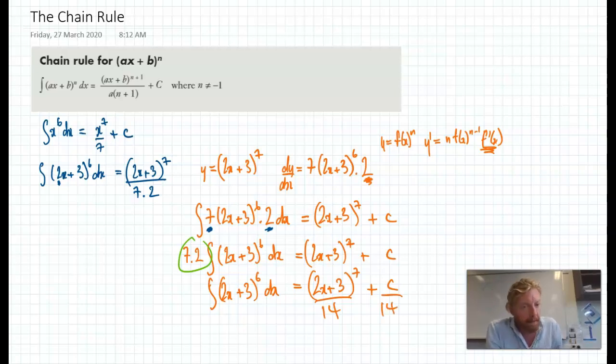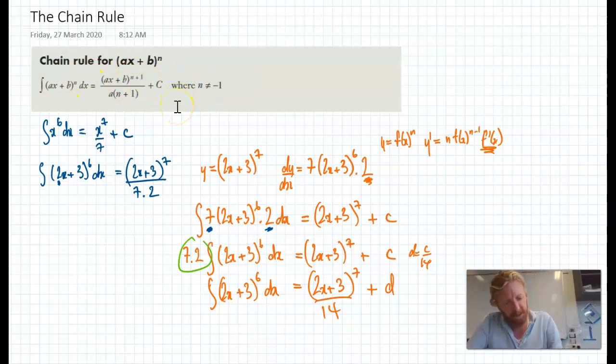Thing is that it doesn't matter because it's just a constant. So I can leave it as c, or if I want I could write d, where d equals c on 14. Again, it's just a constant, so it won't matter. So now we can see that is in the form that we've got up here.